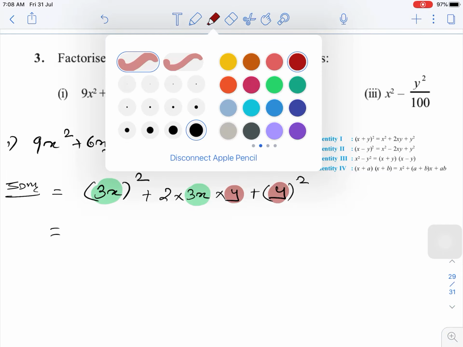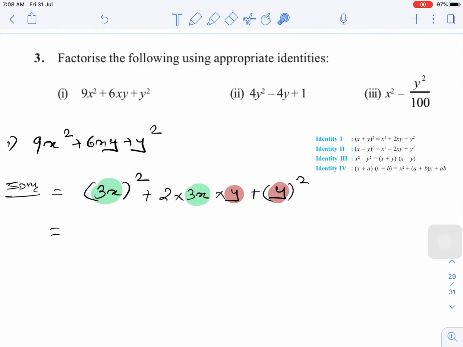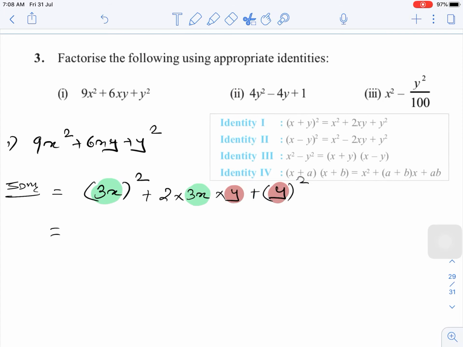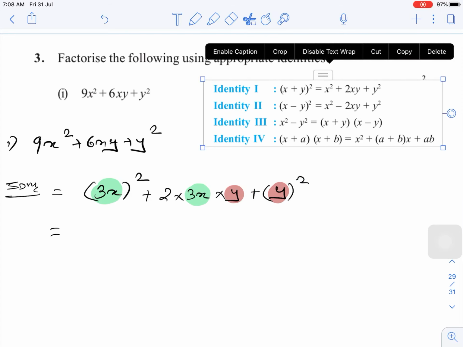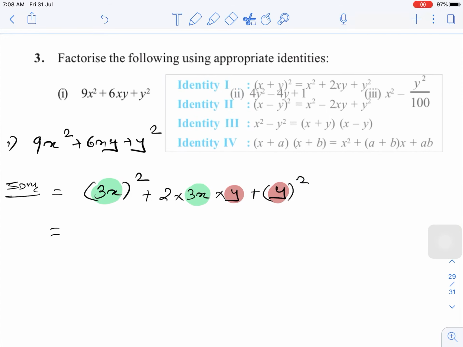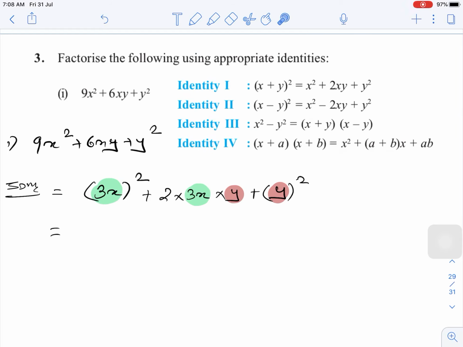So it seems to be of the form first term square plus 2 into first term into second term plus second term square. Now if you look at the identities, you people decide it is similar to which one? It is similar to the first identity.